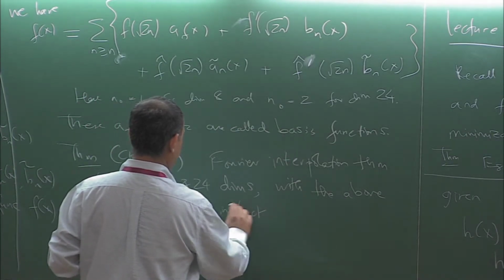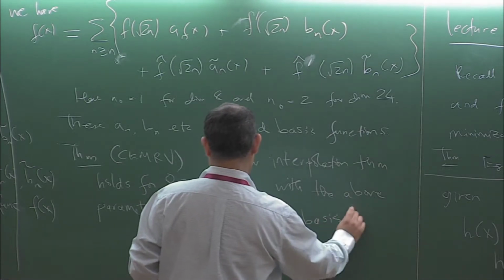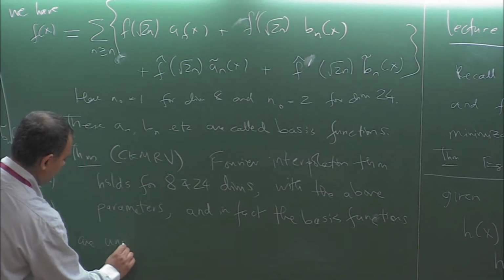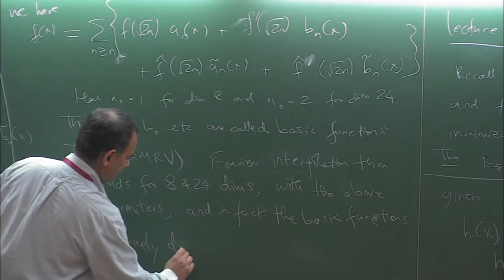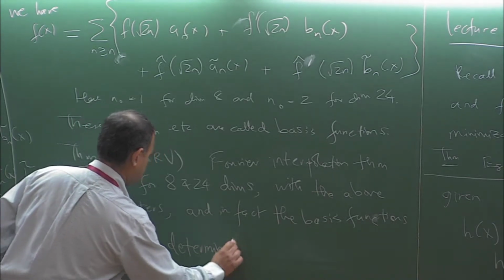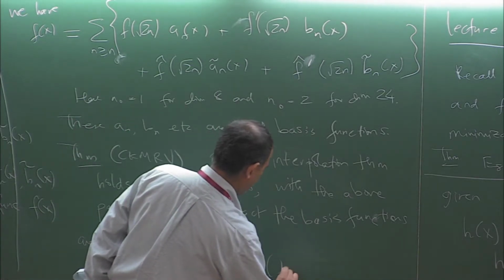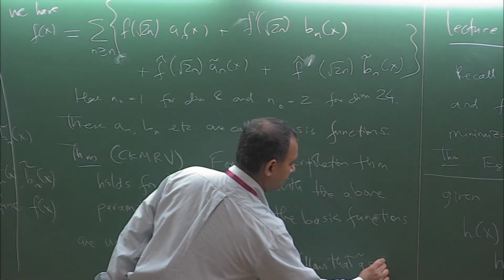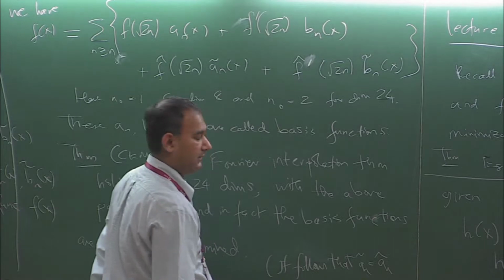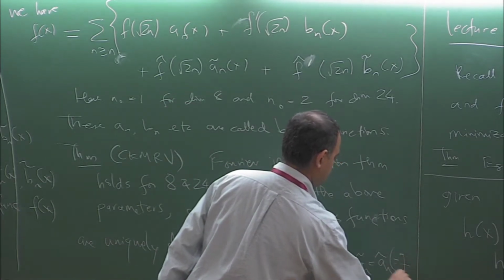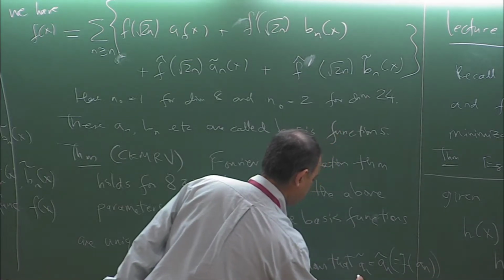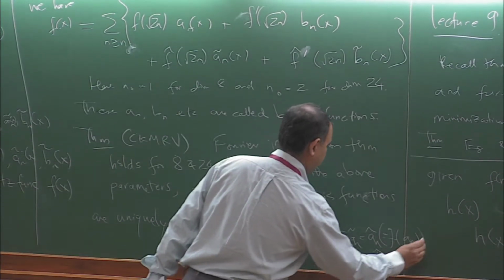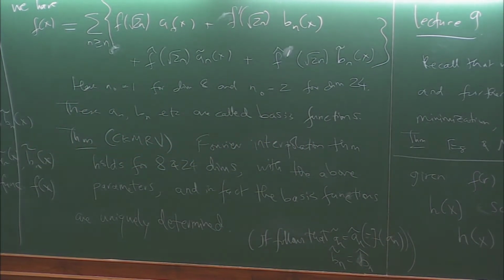And in fact, the basis functions are uniquely determined. And it follows that an tilde is actually the Fourier transform of an, and bn tilde is also the Fourier transform of bn. By uniqueness, it follows these things hold.